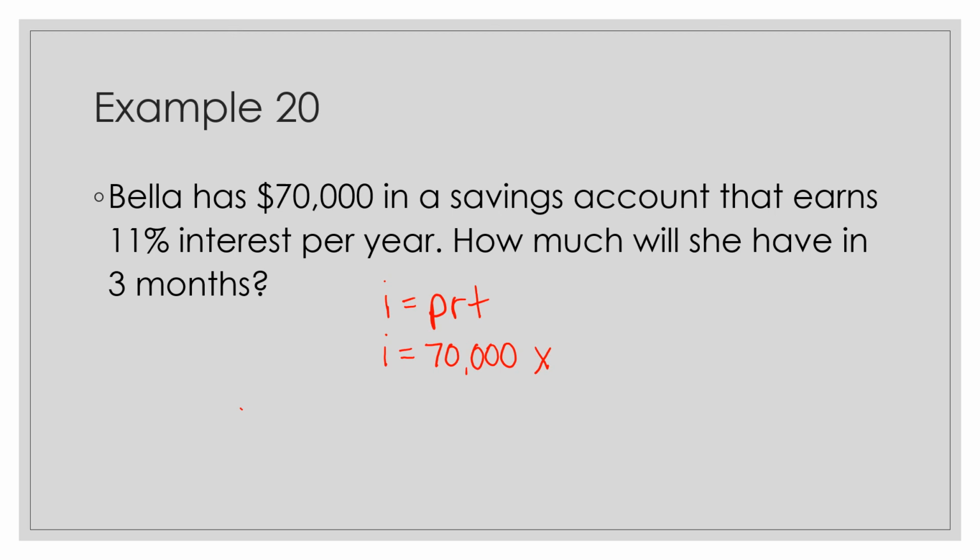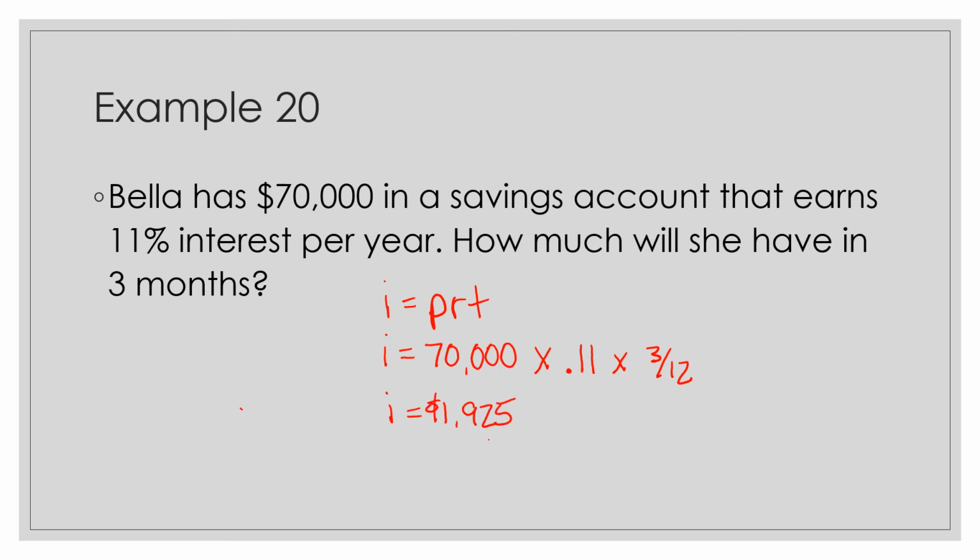Our rate, written as a decimal, is 0.11. And our time in years, since it's only 3 months, we're going to write that as 3/12. You could also write that as 1/4 or 0.25, whichever you want. So that gives us an interest of $1,925.